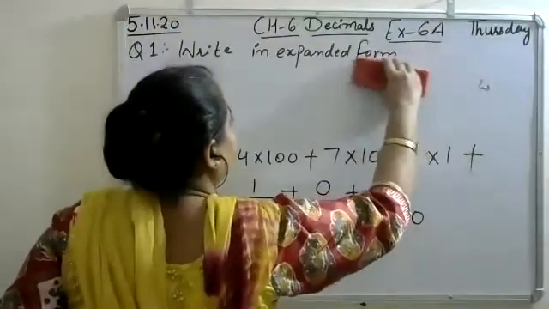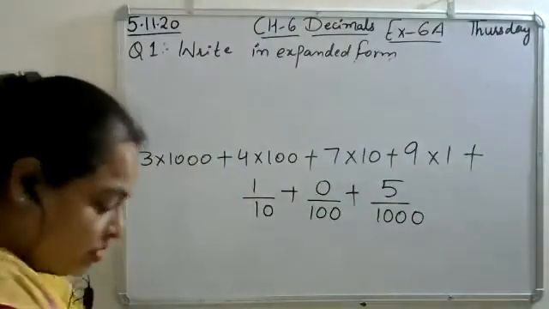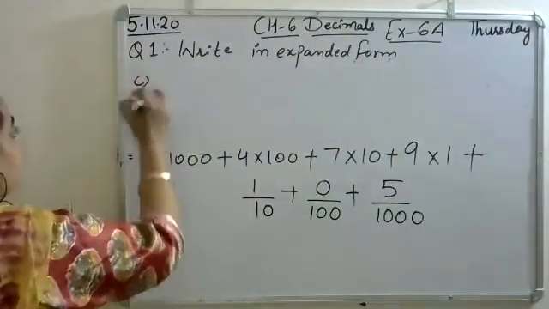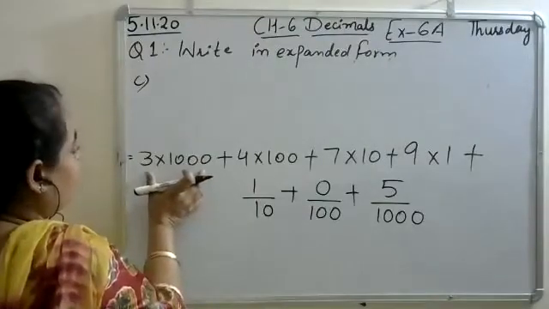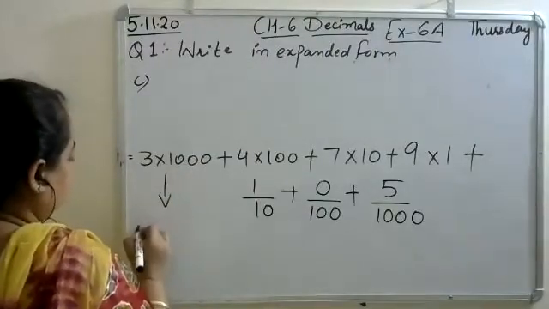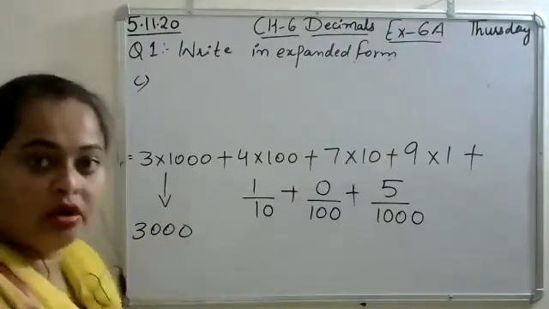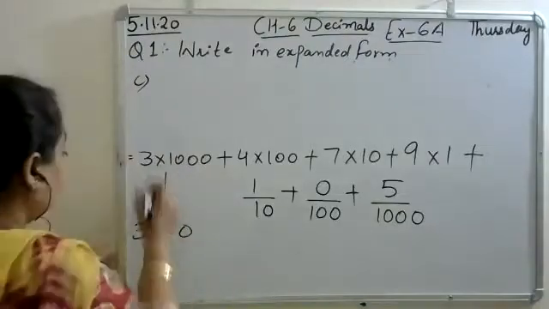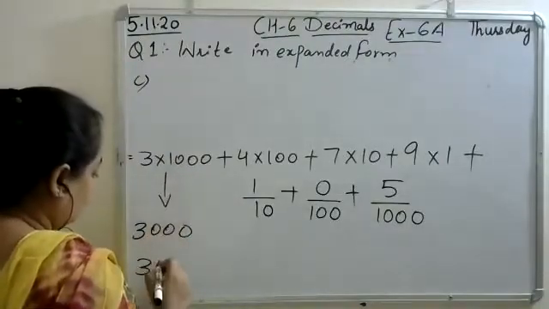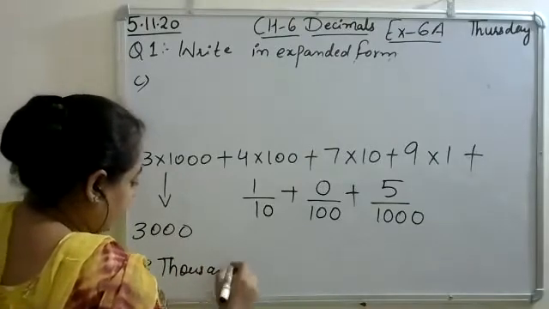After that, come to the C part. The C part is, and one more thing, you can also write this thing like this. Both are the same, your wish. You can also write this in terms of words, meaning 3 thousands, like this also.